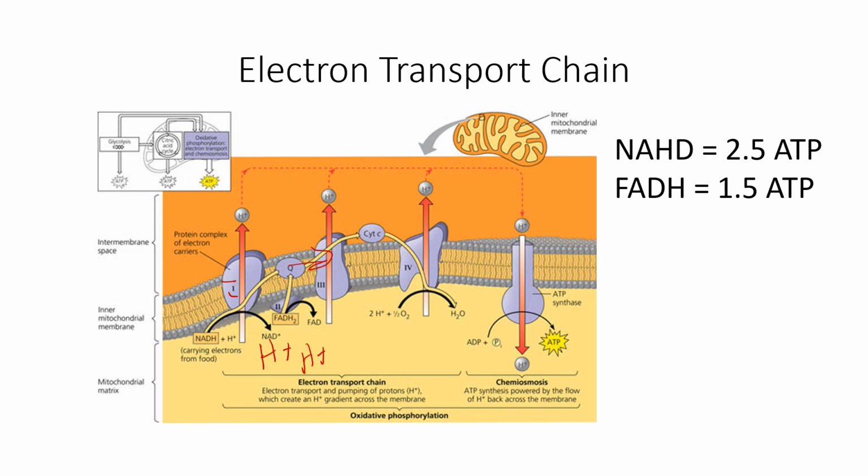I know we skipped over complex 2. I'm going to talk about that in a little bit. Okay, so coenzyme Q takes these electrons to complex 3. And what complex 3 does to coenzyme Q is complex 3 oxidizes coenzyme Q, meaning that complex 3 takes the electrons from coenzyme Q.